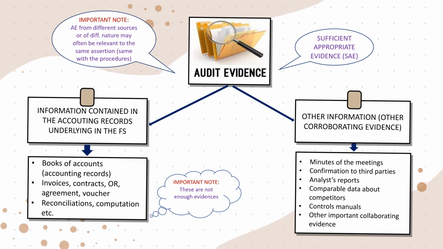So, if you look at the accounting records, makikita natin na merong general journal, special journal, may ledger, may mga book of accounts, etc. That will belong to the accounting records underlying sa financial statements. Also, pag nagre-record tayo, may mga supporting documents like sales invoice, OR, agreements, and vouchers.